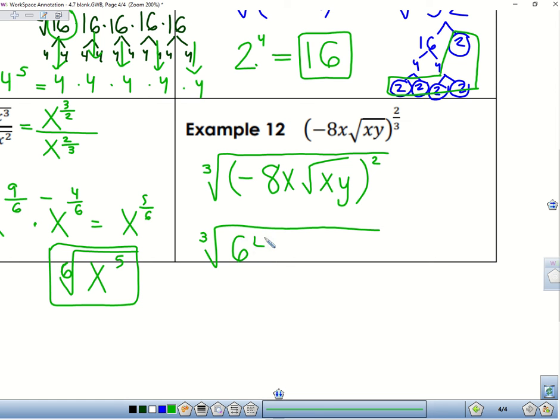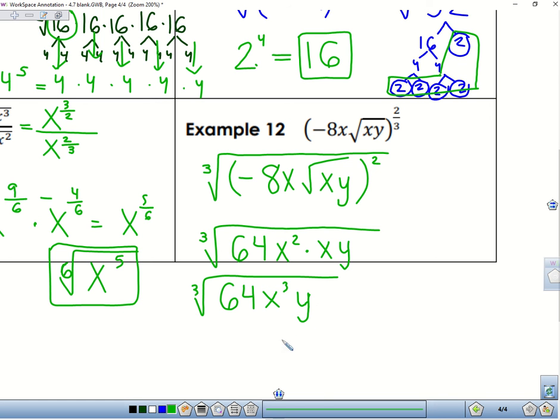Good, 64. X squared, because we put x to the second power. And then what happens to the square root on the inside that is put to the second power? Good, it goes away. And then right here I can just combine the x's, which becomes 64 x to the third y.